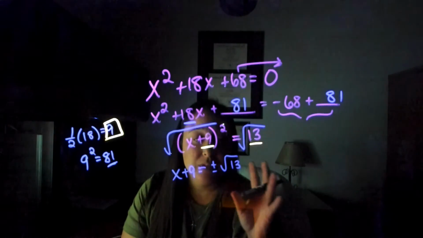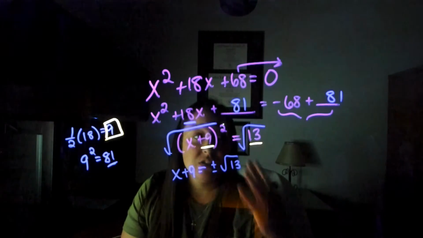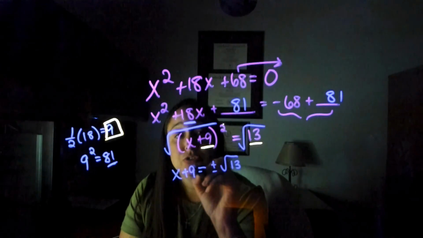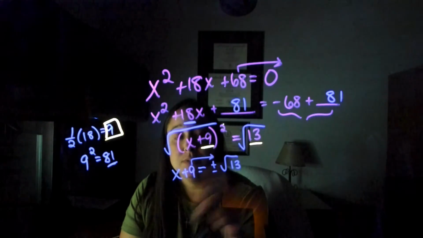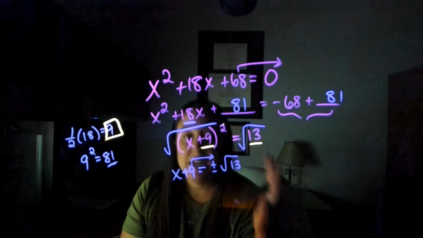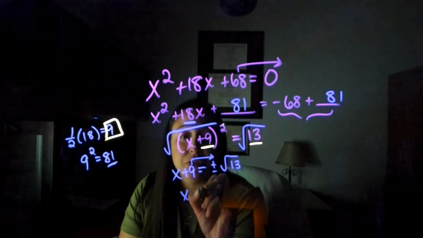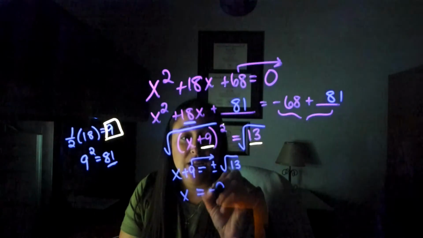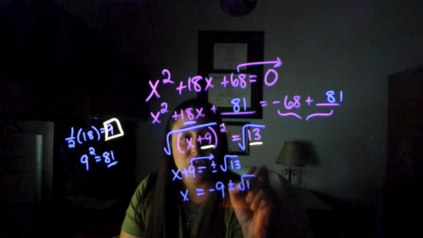I can't do anything with that square root of 13. That's an irrational number, so I'm going to leave it just the way it is. But what I can do here is bring that 9 to the other side of that equation. Subtract 9 from both sides, just bring that 9 across, however you want to look at it. But that will essentially become x is equal to a negative 9 plus and minus the square root of 13.